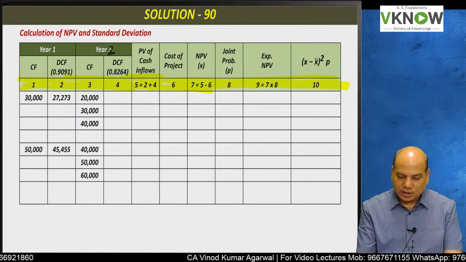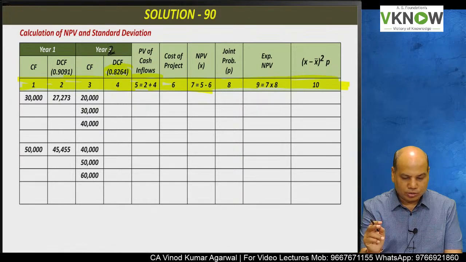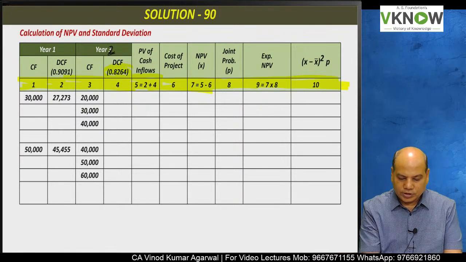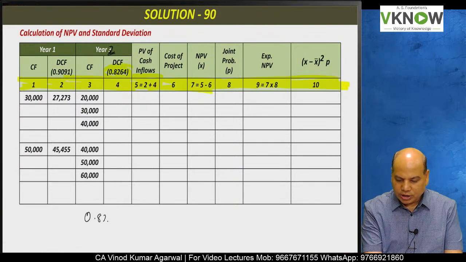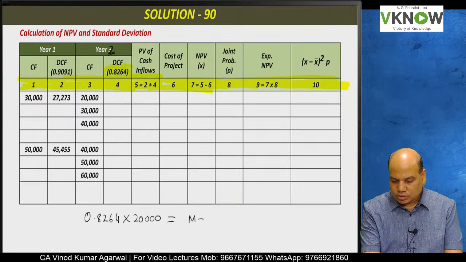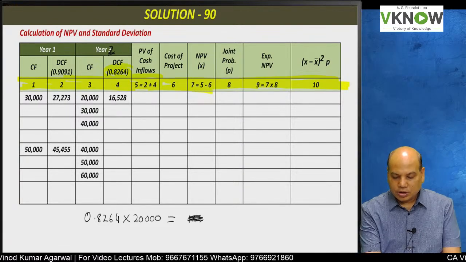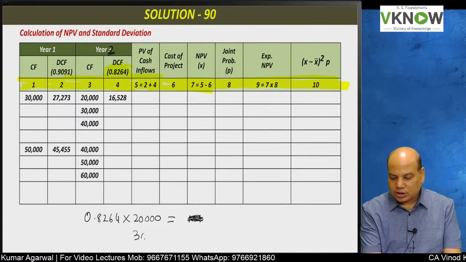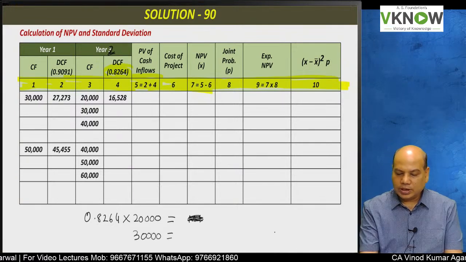Now you have to multiply by a common number, 0.8264. The first time you multiply, take 0.8264, then 20,000, press equal to, also press equal to, and you will get 16,528. Now you just type 30,000 and press equal to, you will get the answer.